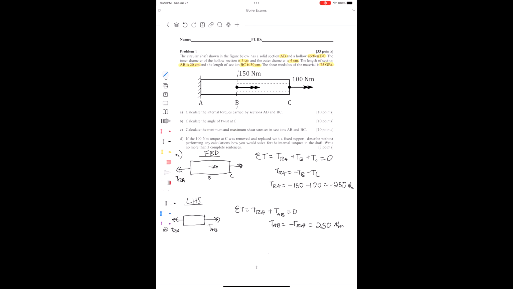Well, let's go ahead and do the right-hand side. So we have torque C, and then we're going to have the internal torque BC.